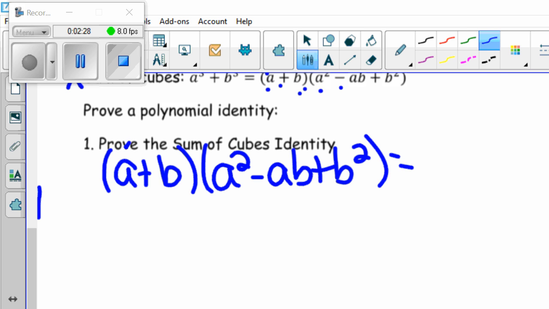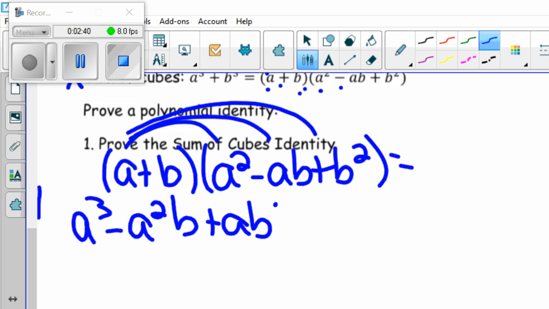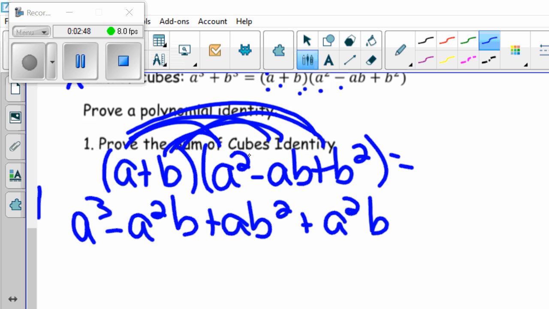Okay, so I need to first distribute my a with everything in there. So a times a squared gets me a cubed. A times negative ab gives me negative a squared b, and then plus ab squared. Now I want to distribute my b. So I get plus a squared b minus ab squared plus b cubed.